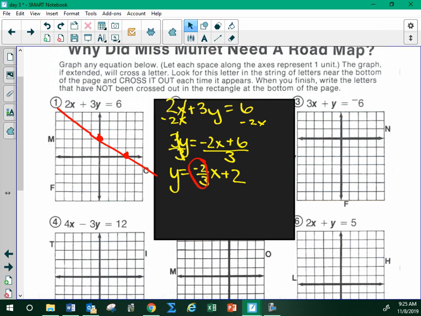Down there at the bottom, we're going to cross out your C's. All the C's that you see on the bottom.